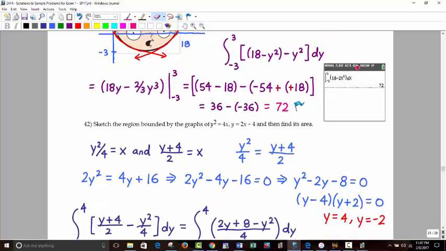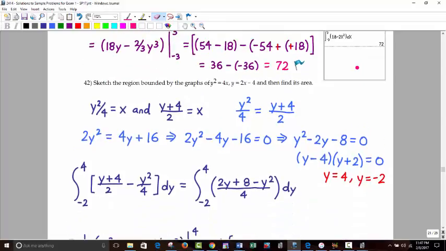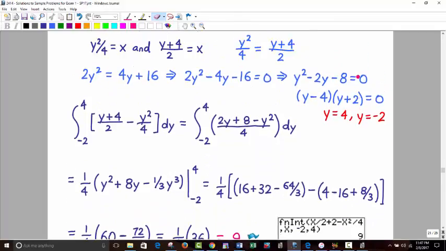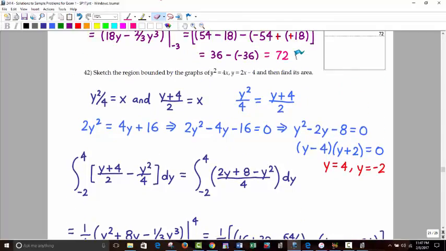Number 42, another one, x in terms of y. Like I said, with only two regions, if you get them backwards, don't worry about it, because the answer will just be the positive of whatever you get, if there were no other mistakes made. Another way you can look at this is, now this is a line and a parabola.